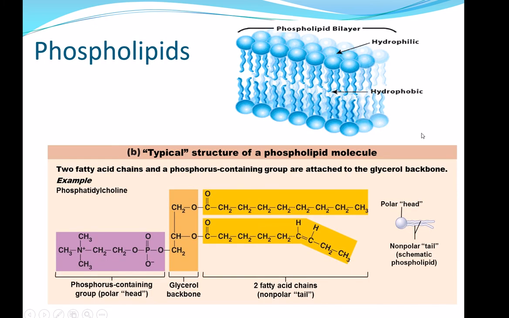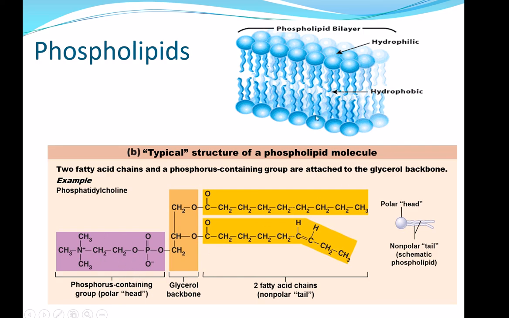Phospholipids are our other type of lipid. These are incredibly, incredibly important because this is what makes up the entirety of every cell membrane in every cell in your body. You can see we still have our glycerol backbone, but now instead of 3 fatty acid chains, we have 2 fatty acid chains. And because these are phospholipids, we also have a phosphorus group attached.